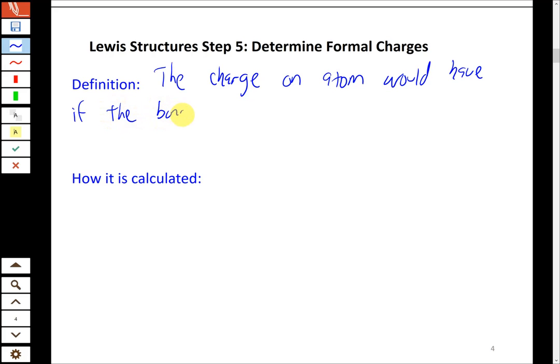So it assumes that we have perfect covalency between all the bonded atoms, which again we know is not rigorously true in a physical sense because we have different electronegativity values. We talked about that last time. And because of the different electronegativity values, electrons are often not shared equally. But the formal charge assumes that the electrons are shared perfectly equally, and it counts them up that way. Again, dividing up the bonding electrons exactly in half between the two atoms that are bonded.